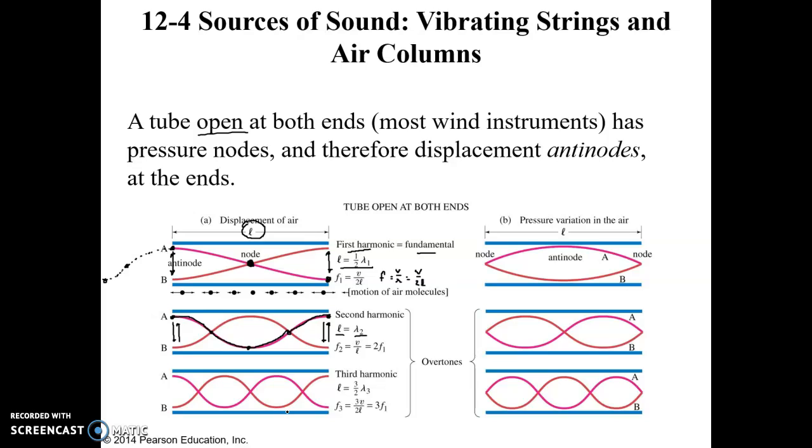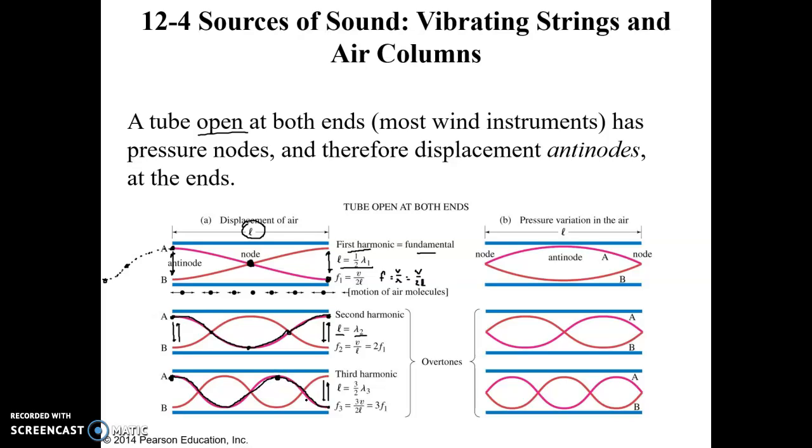And if we go on to the next one here, starting at an antinode, we would come down, back up, and down again. And so we've got another antinode at the end. How does the wavelength compare to the length of the tube? Well, if we start here, down and back up, this is one full wavelength.